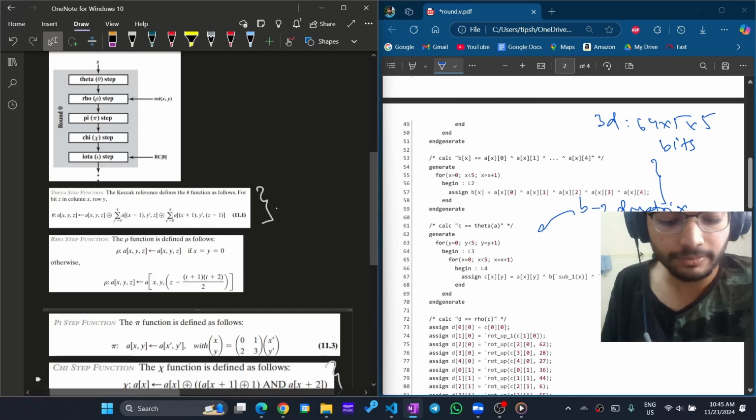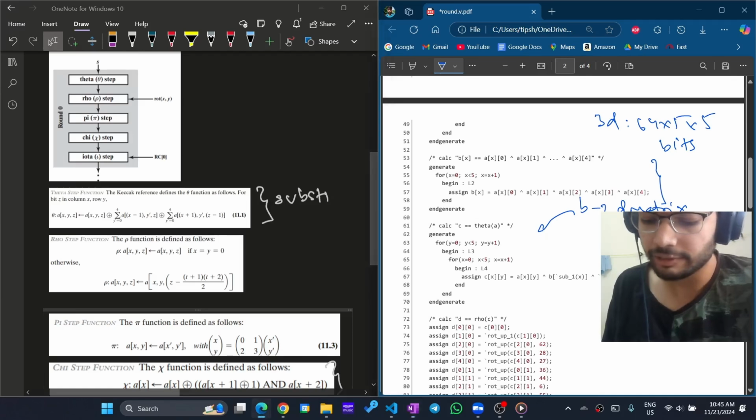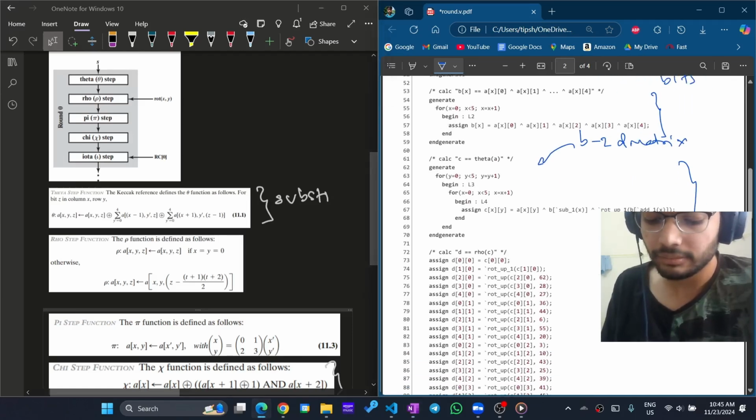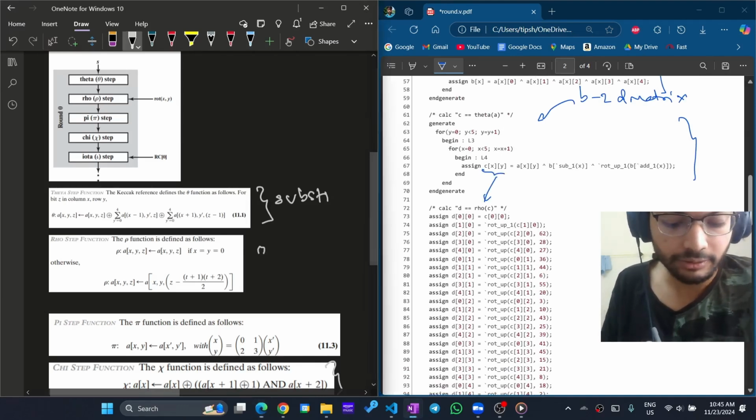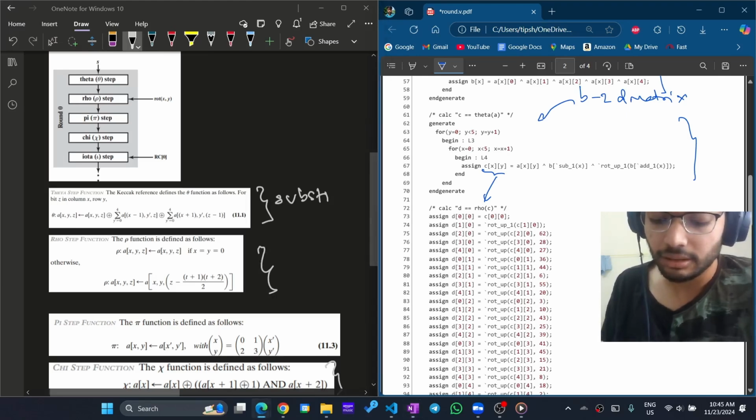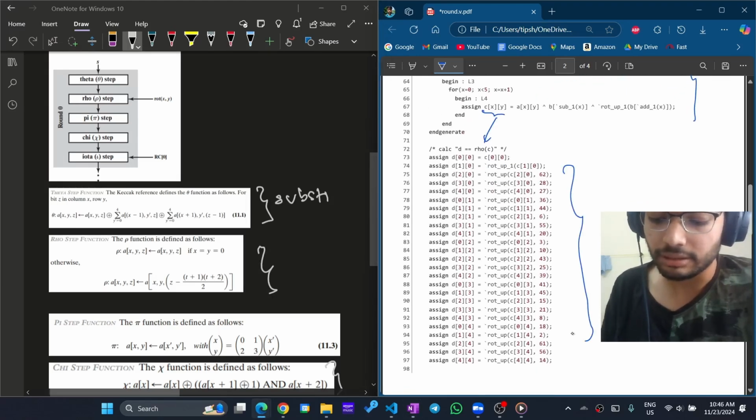The theta stage performs a specific substitution, which is given here. And this intermediate C matrix is given to the rho function, which performs this operation, which can be seen here.